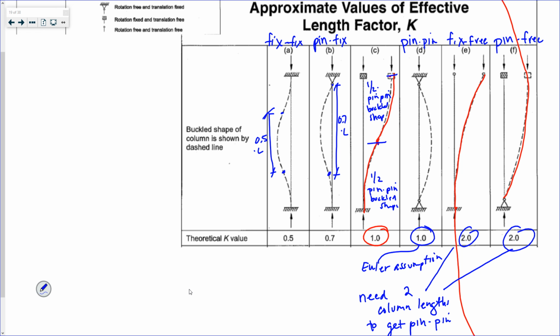So to account for our Euler assumption that it's pin, we use an effective length factor to change the length that we use for determining our buckling load for different end conditions.